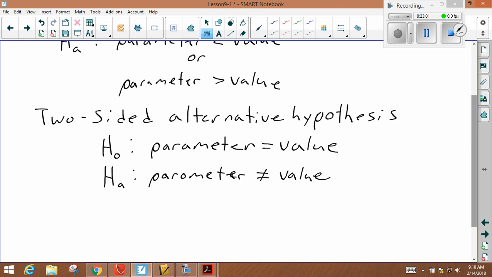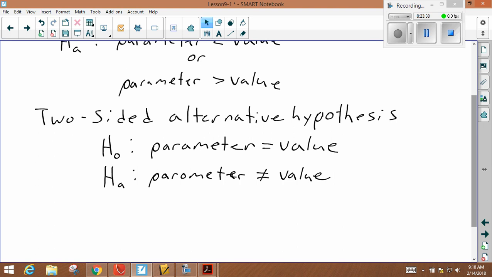So that means that you would reject your null hypothesis if your heart rate was above 70 beats per minute or if it was below 70 beats per minute, right? If it was highly unlikely that the actual mean heart rate of students in this classroom was 70 beats per minute. Okay, so that's an example of how you would use that. And again, 70 is probably really high, but whatever.